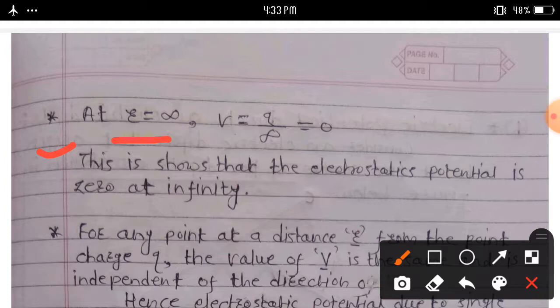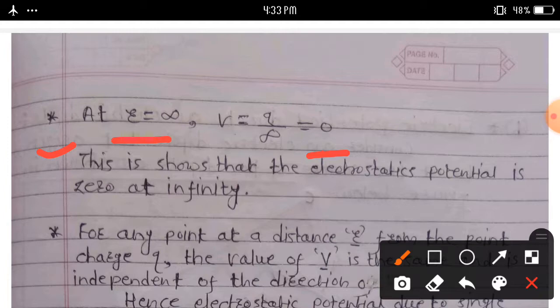This gives the electrostatic potential as 0. This shows that the electrostatic potential is 0 at infinity.